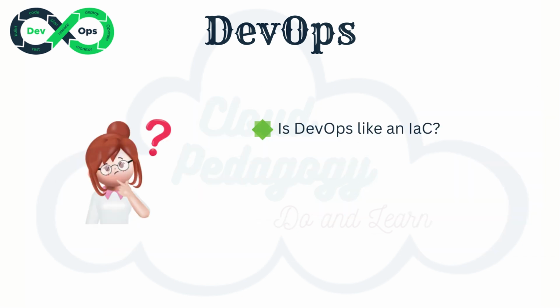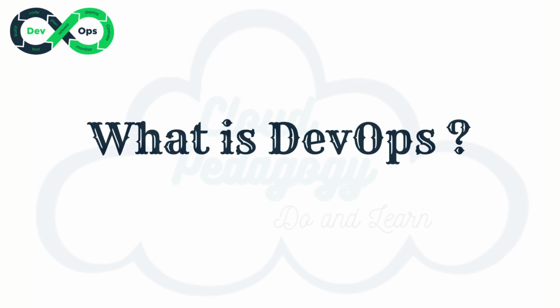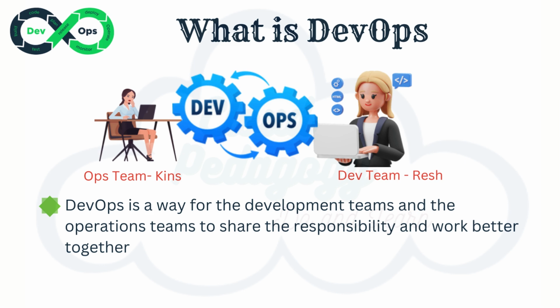For example, some think that DevOps is a synonym for infrastructure as code, or the same thing as Agile, or just automated testing and delivery. But really, what is DevOps? DevOps is a way for the development teams and the operations teams to work better together, and ultimately they share the responsibility for the software they build. It is just a bridge over the gap between development and operations.